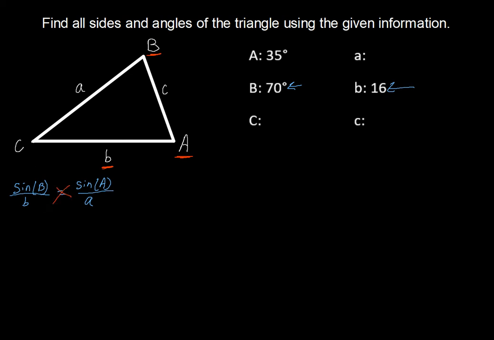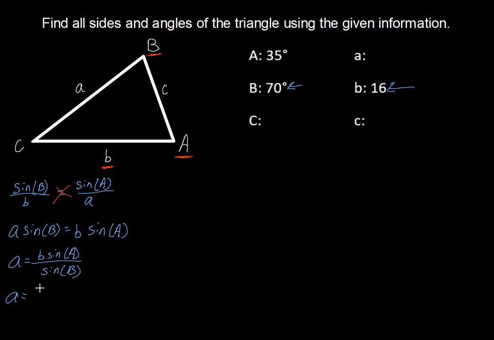So I'll write the denominator of one times the numerator of the other equals the denominator of the other times the numerator of the one. Again, because my objective is to get the variable by itself, I'm going to divide both sides by the sine of B and get that side length a is equal to b sine of capital A divided by the sine of capital B.